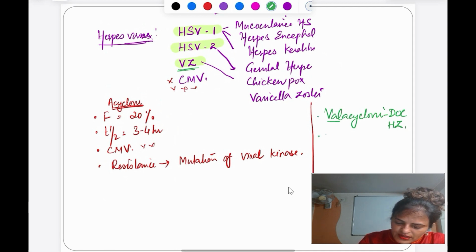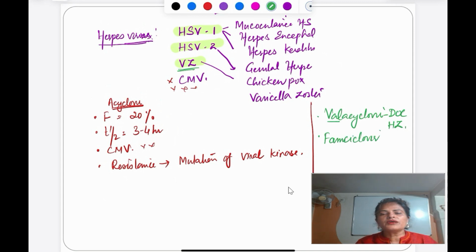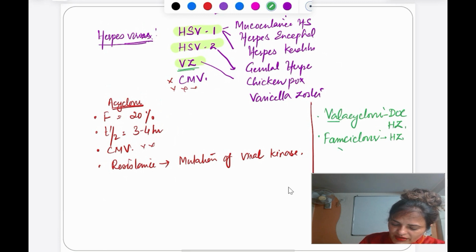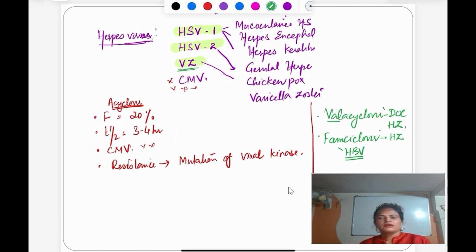Then another drug we have is famciclovir. Famciclovir also has better availability, and it is also effective against herpes zoster, and also against the hepatitis B virus.